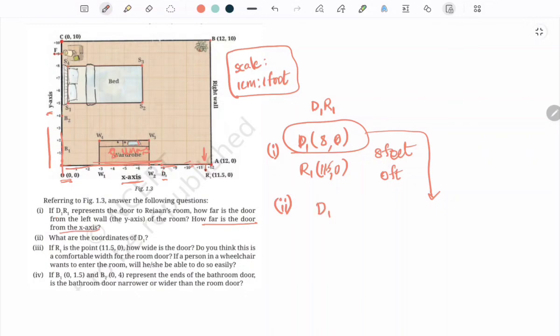If you were not clear, I'll explain it again. The point lies on the x-axis, which means the y coordinate is always 0. And what is the x coordinate? The distance from the y-axis, which is obviously 8 units.